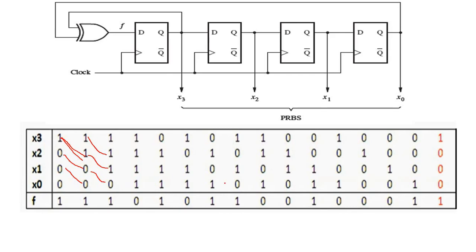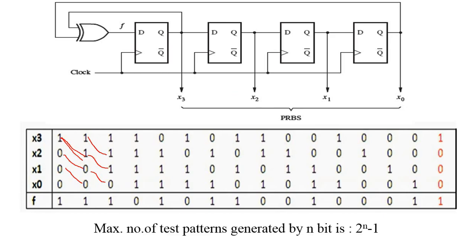How many bits we can shift depends upon the number of inputs. N inputs means 2 power n minus 1. Totally 15 combinations we can shift. That is 0, 1, 2, 3, 4, 5, 6, 7, 8, 9, 10, 11, 12, 13, 14, 15. After reaching the 15th one, we can get a final output. That is 1, 0, 0.